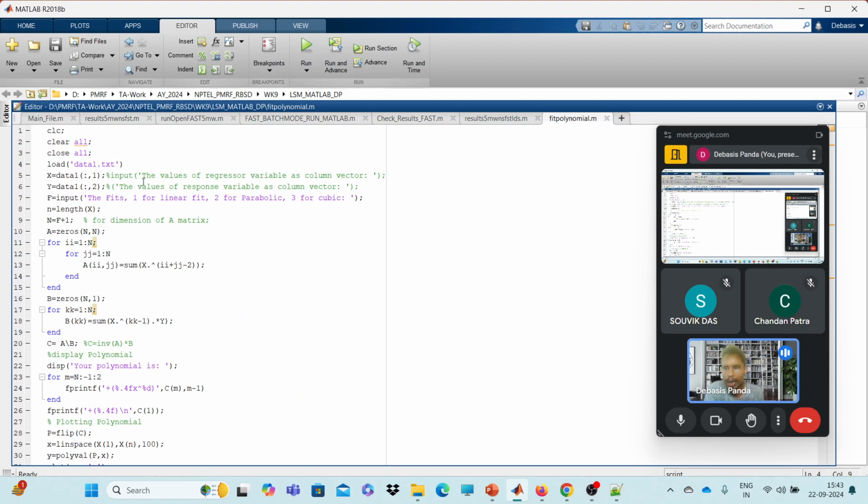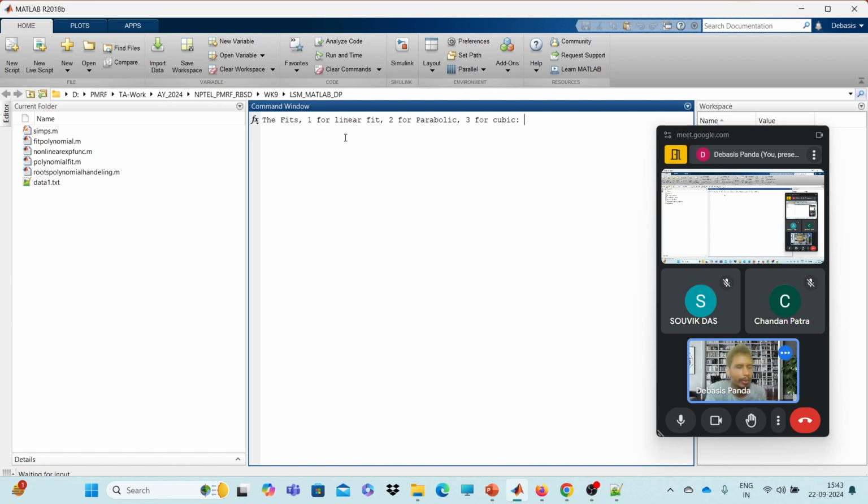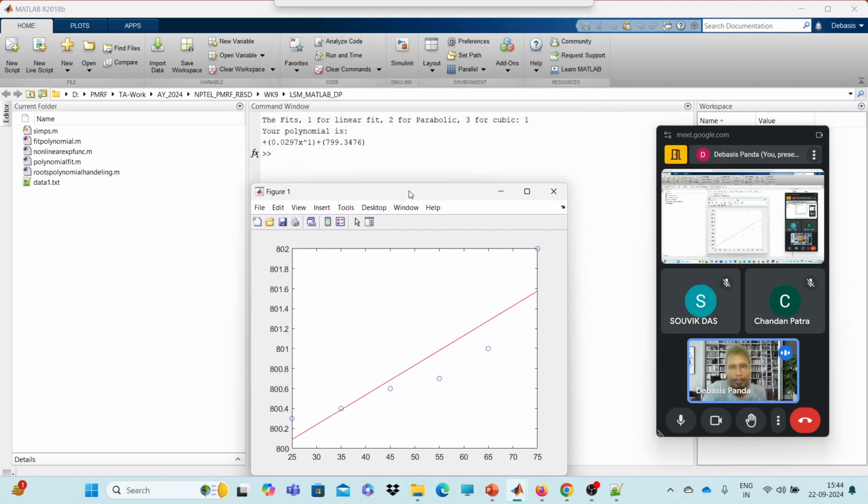First it will ask for which degree of the polynomial you need to fit. For our example we fitted the first order. Here look, it gives you the fit, also the polynomial values.